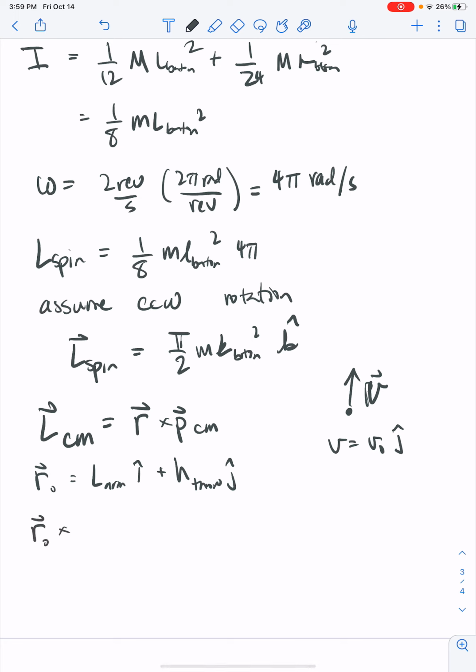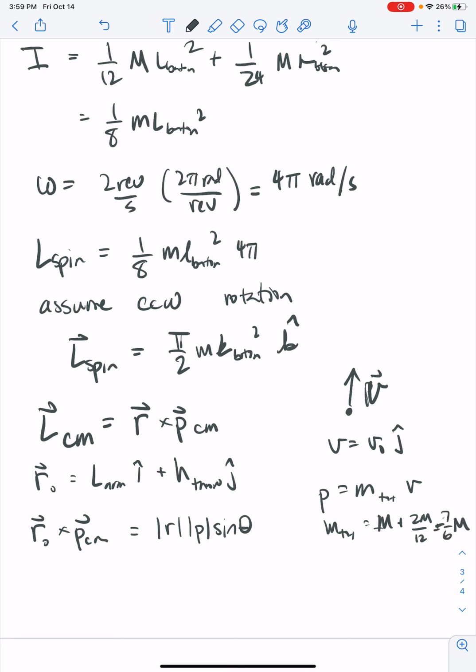So R naught cross P is R P sine theta. P is M total V, and our M total is M plus 2M over 12, so 7/6 M.